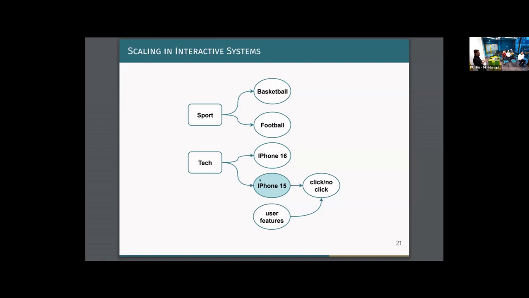And when we look now at our data, we don't look at it as, I have some user one, I recommended iPhone 15, and I got click or no click. We see it now as, I have user one, I recommended iPhone 15, iPhone 15 is in the tech category, the tech category also contains iPhone 16, and we got a click.